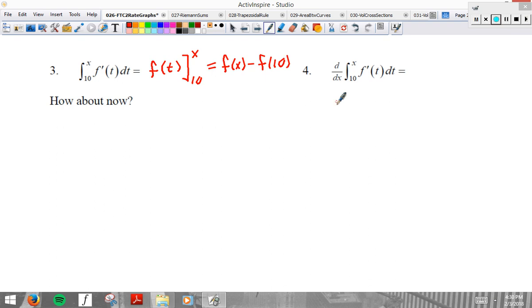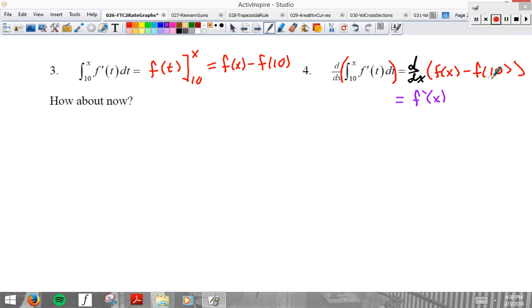And again, example 4 asks what would happen if I differentiated that which I just integrated. So to be clear, it's asking us to differentiate f of x minus f of 10. Well, we're going to take the derivative of f of x, which would just be f prime.